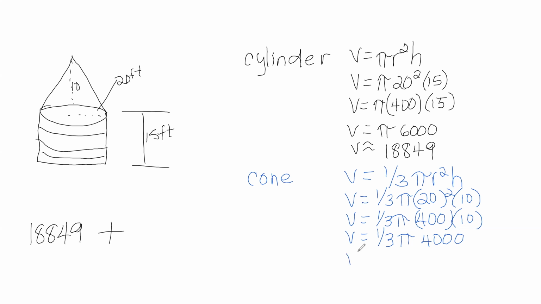So I have approximately 4,184. So I think whatever numbers I used, I got 0.47. But as long as you're kind of close to 4,184, that is the number that we're adding to the cylinder.